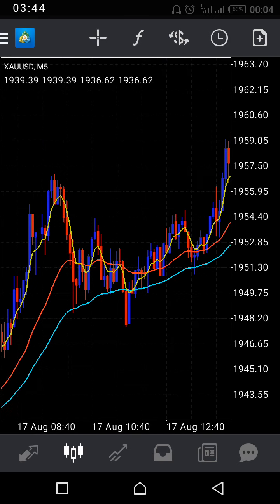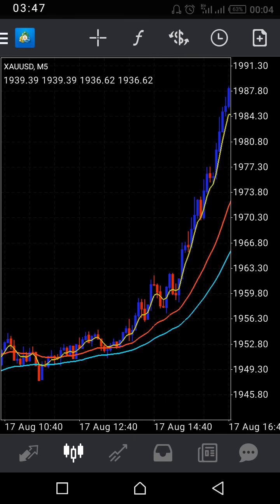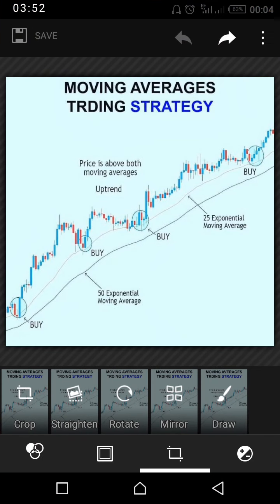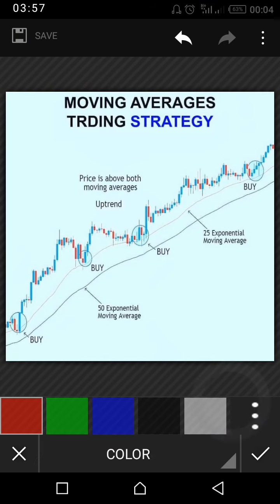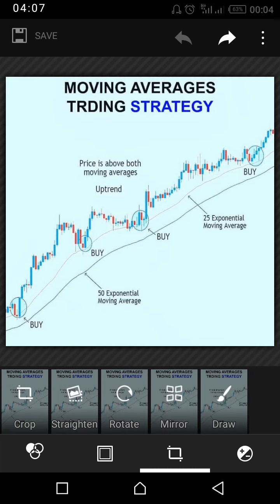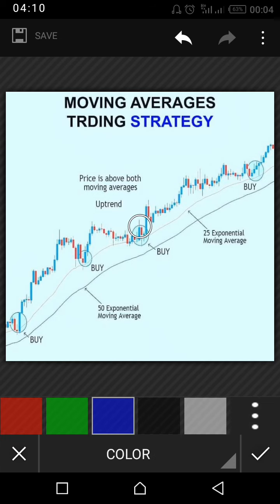Then to what he told you, I'm going to add something else. And then look at this. This is a moving average strategy. The one inside, this is the blue, this one is the 25 moving average, while this outside is the 50 moving average.